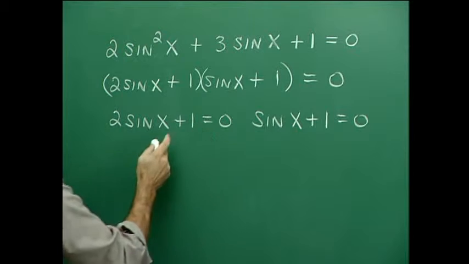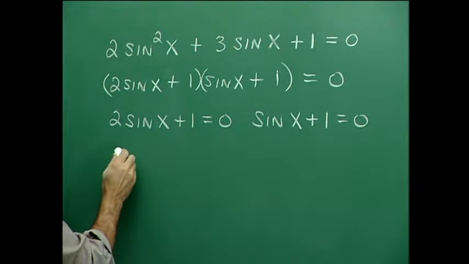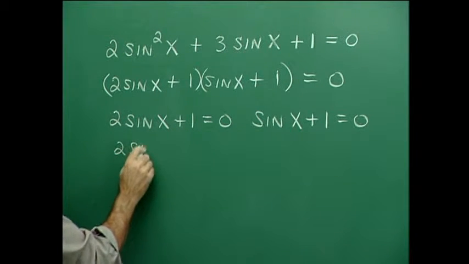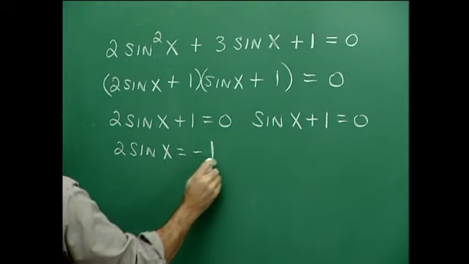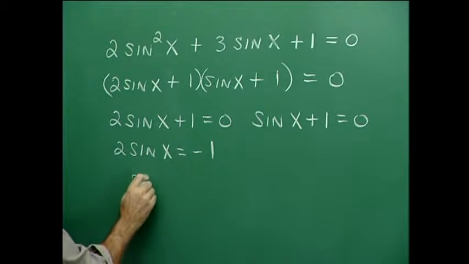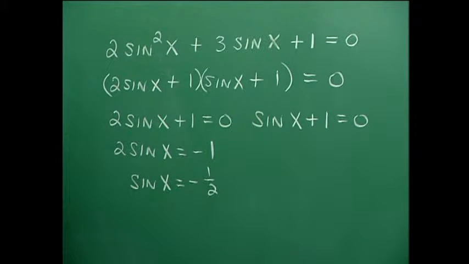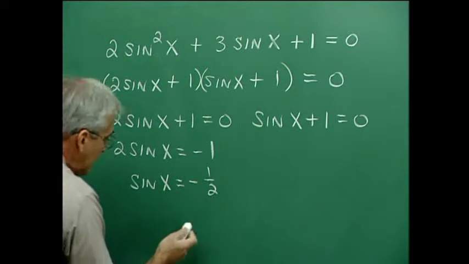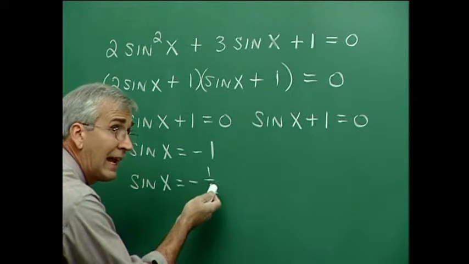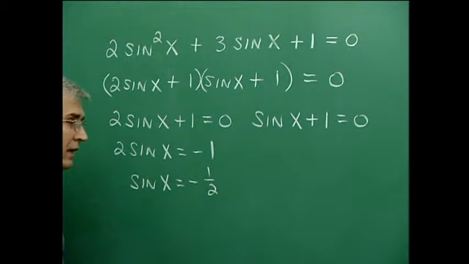For this one, if we're solving, we'll subtract 1 on both sides, and then divide on both sides by 2. Now let's think about sine x being negative. In what quadrants? And what kind of angle are we talking about here for this angle x?